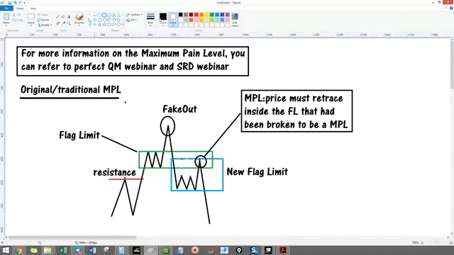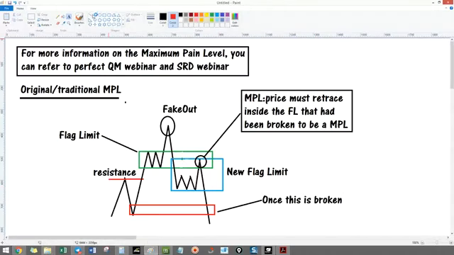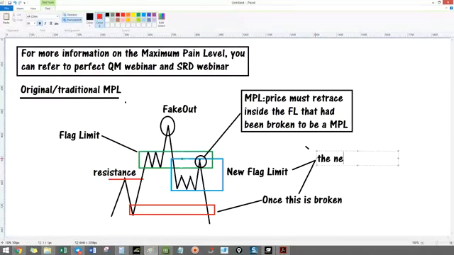And FTR, what is an FTR? Once this is broken, the new flat limit automatically becomes an FTR.